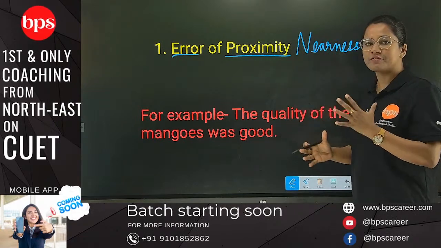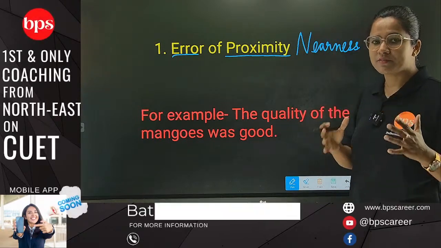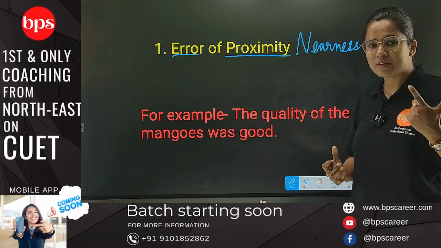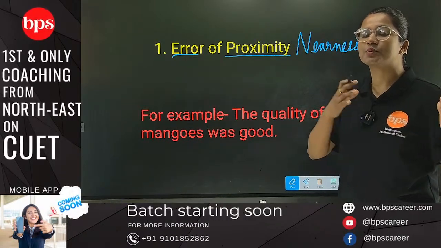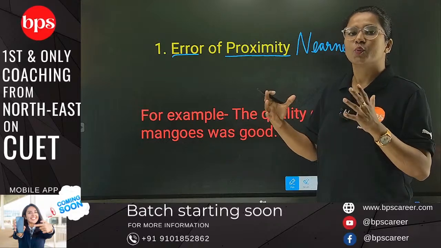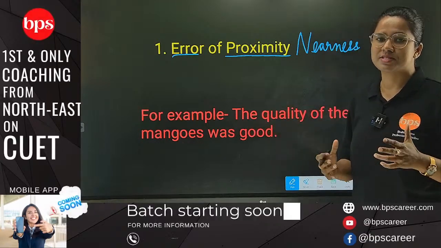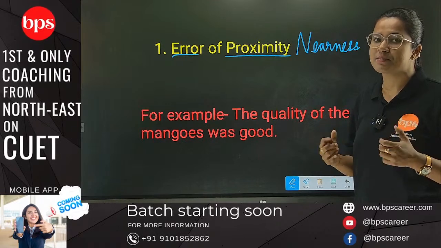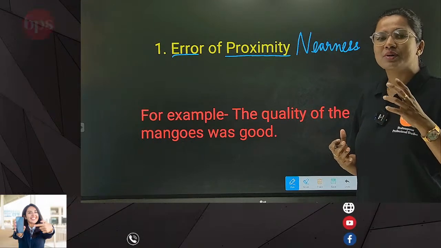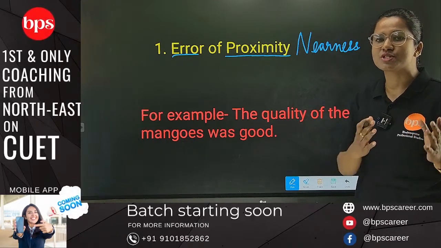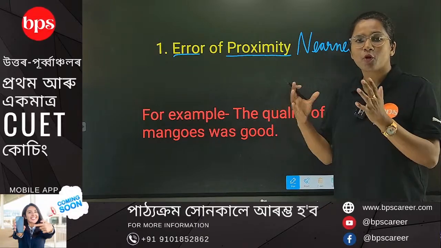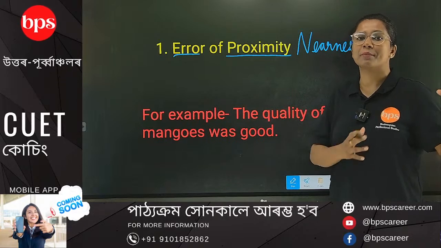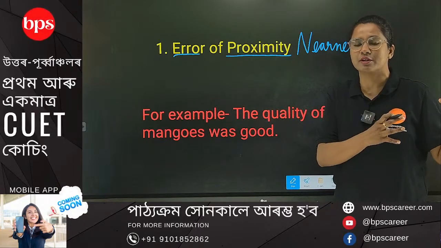Now see, whenever there is the verb, if the subject which is near to the verb is concerned, we usually tend to make mistakes. The common or silly mistake that we make is we try to relate the subject which is very near to the verb. But here the problem is we don't refer to the main subject or the principal clause.